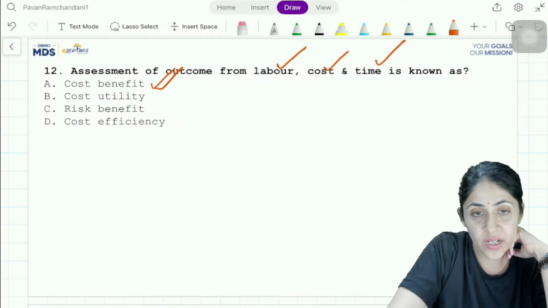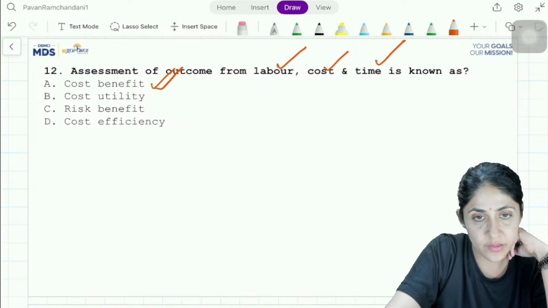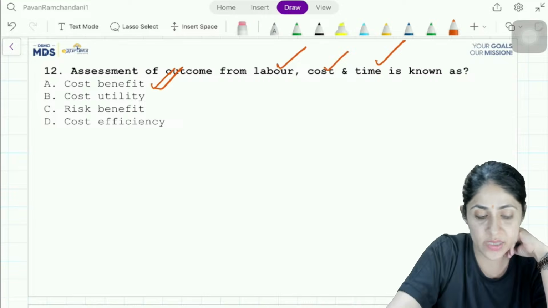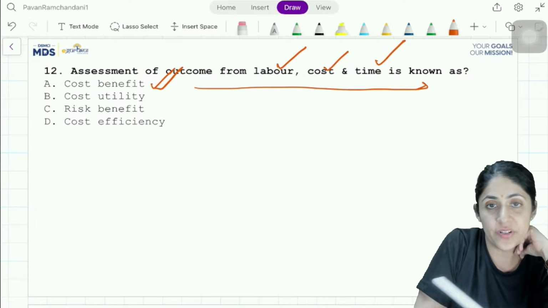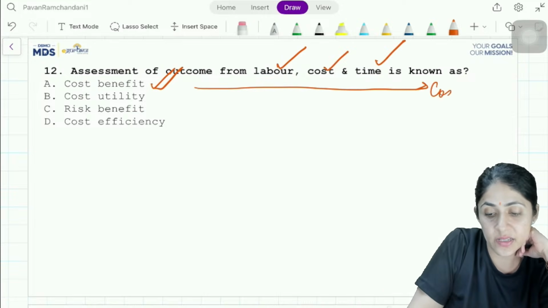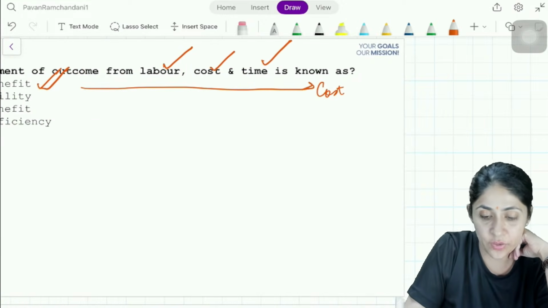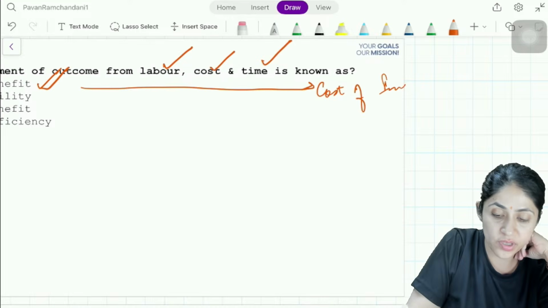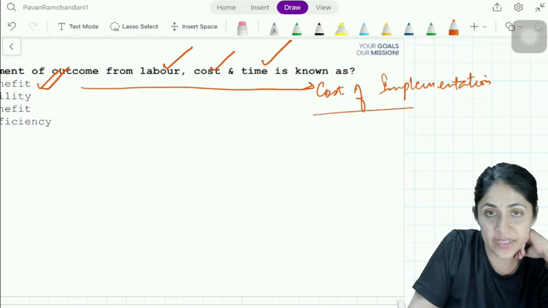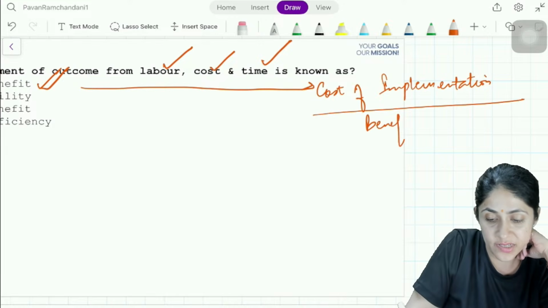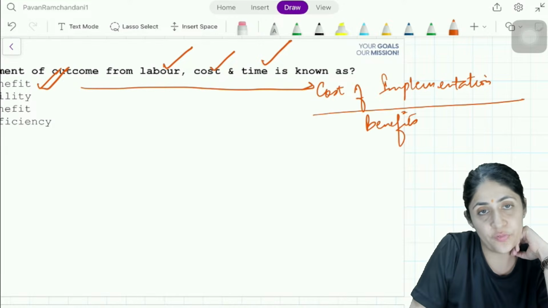Why? What are the various options, and what do we understand by that? Cost benefit is basically in terms of money that you are calculating. So how much cost was there in implementation divided by the benefits, to quality of life.